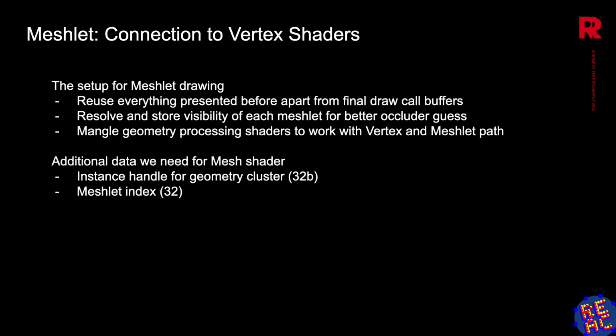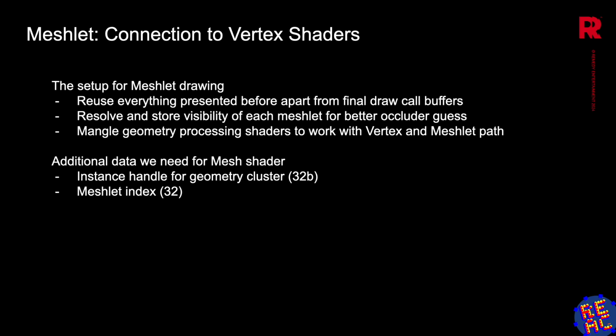We add a step that does per meshlet culling and will modify all the material shaders to work with both vertex and meshlet shaders to avoid code duplication. We started the meshlet implementation by writing a simple mesh shader to figure out the exact data that is needed from the culling pass.